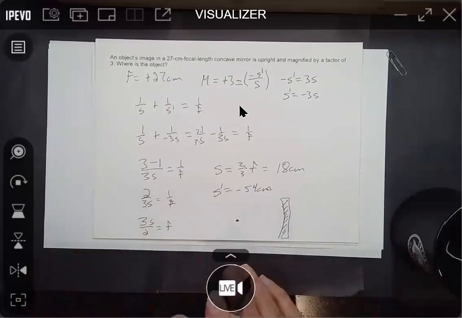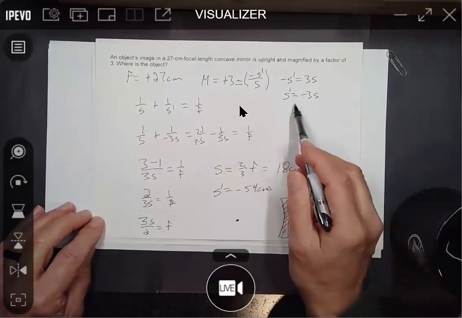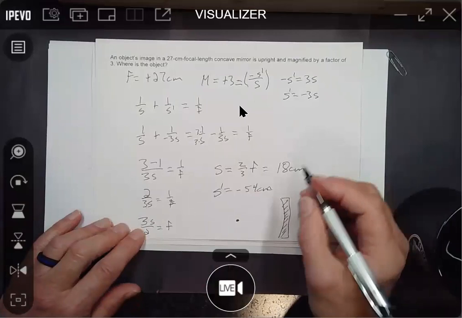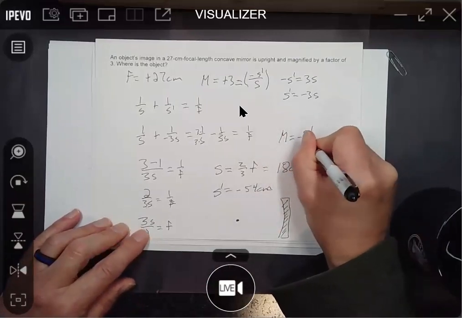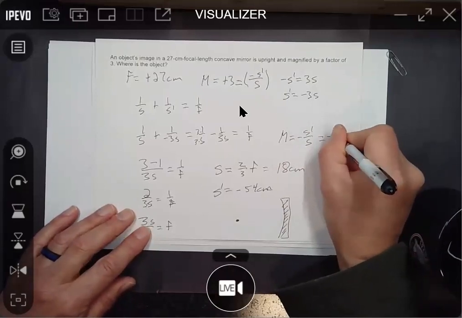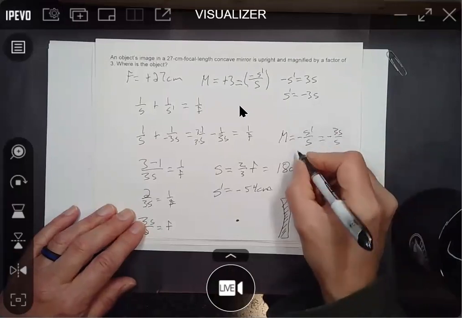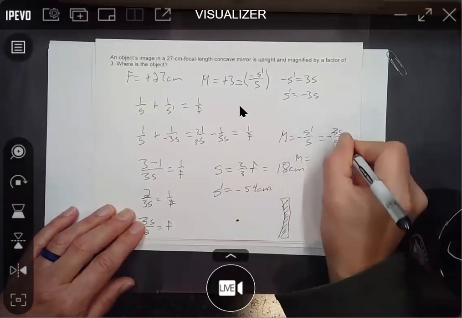The image will be magnified. In this case, it's 3 times. Oh, did we figure out the magnification? That'll be minus S prime over S, a magnification of 3.